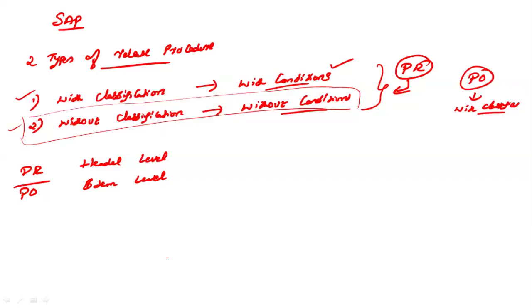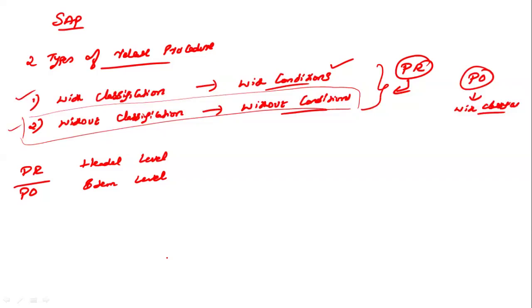Okay. The last session I mentioned that whatever values we put on the header, it is applicable for all the items in the PO or PR. The details what we put in the item level is for the individual item.